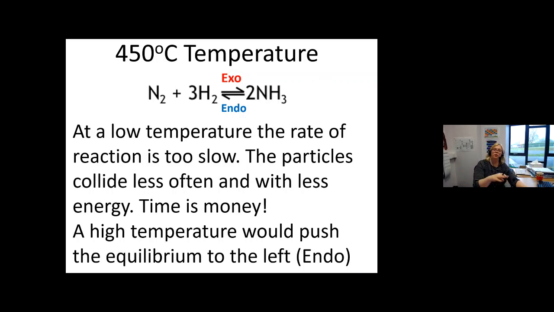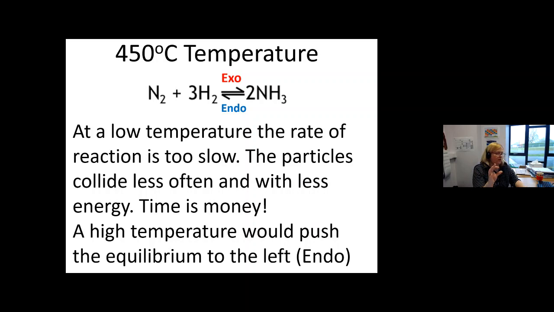At a low temperature, the rate of reaction, however, is too slow. We're linking back again to something you did in year 10, which is the rates unit. In that, you were told, and it still is true, that a high temperature makes a reaction faster.